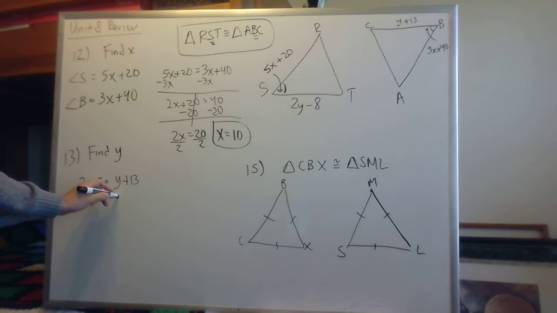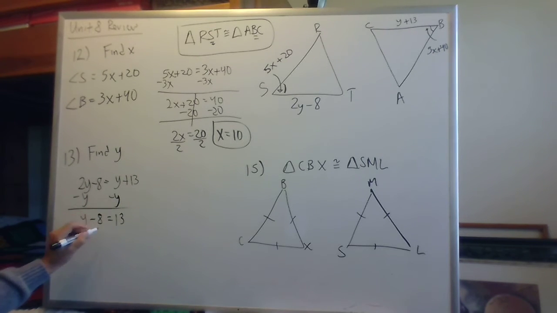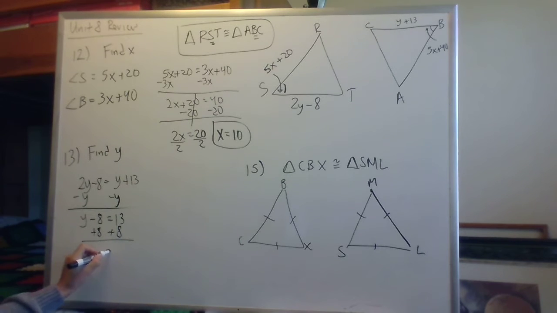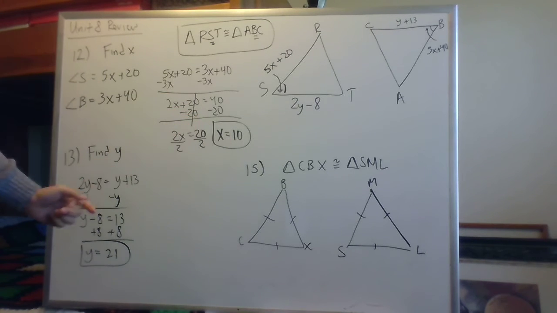We're going to subtract y from both sides because we want to get y by itself on one side of the equal sign. So 2y minus y is going to be y, and we're going to have minus 8 equals 13. Then we're going to add 8 to both sides, and that gives us y equals 13 plus 8, that is 21. So we just solved for x and y. For problem 12, x is going to be 10. For problem 13, y is equal to 21.